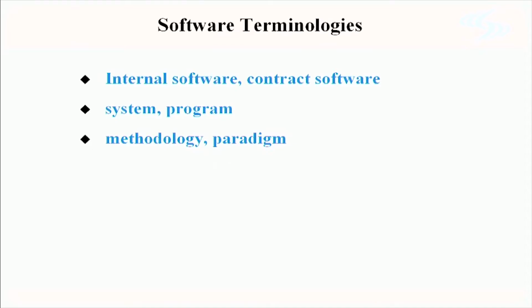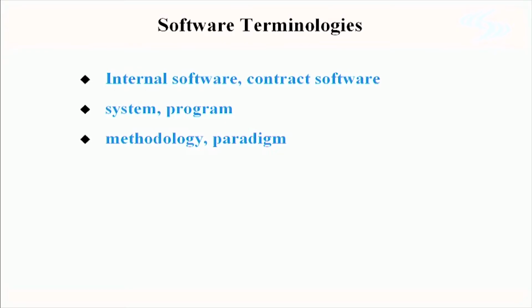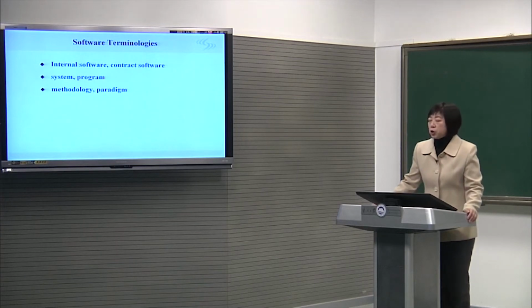And nowadays, the popular paradigm in the software engineering domain is the object-oriented paradigm. So you can understand that paradigm is something practical. Methodology means the science of studying kinds of paradigms, kinds of methods, and so on.